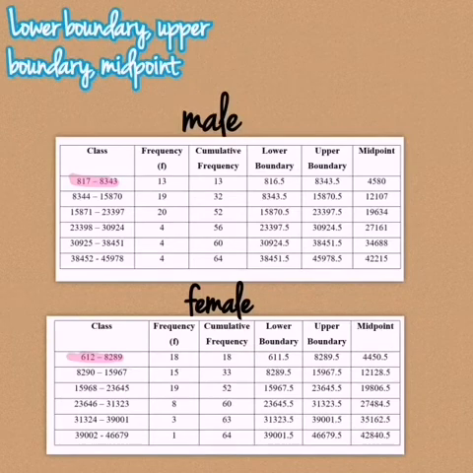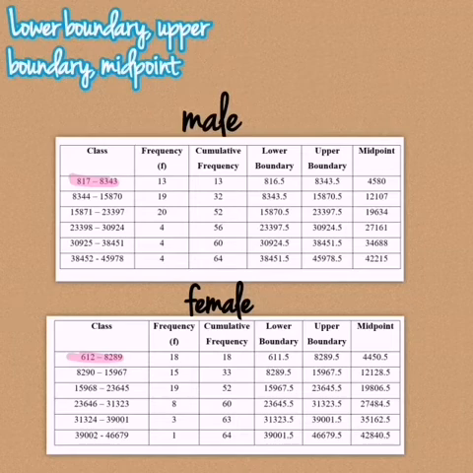The table shows the data for class, frequency, cumulative frequency, lower boundary, upper boundary, and midpoint for male and female. For lower boundary, the lower limit of the class needs to be minus 0.5, and for upper boundary, the upper limit of the class needs to be added with 0.5.